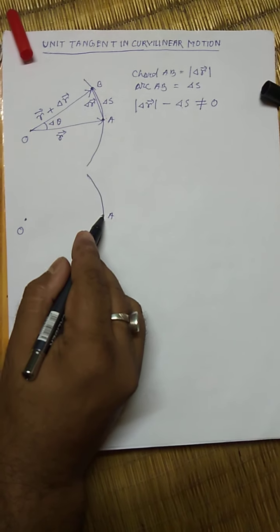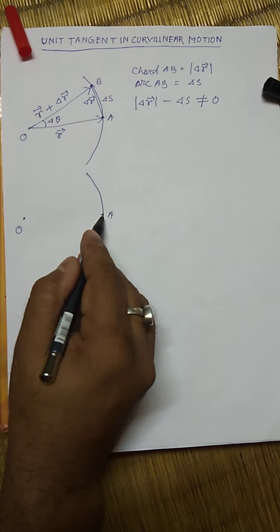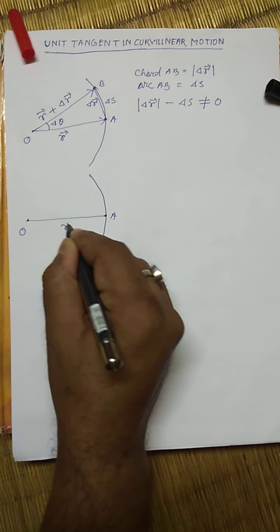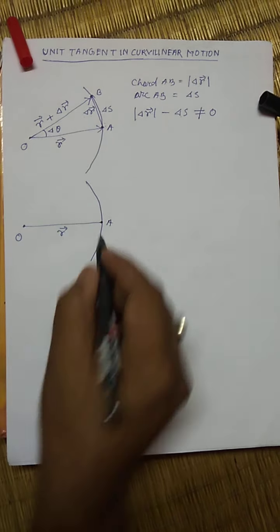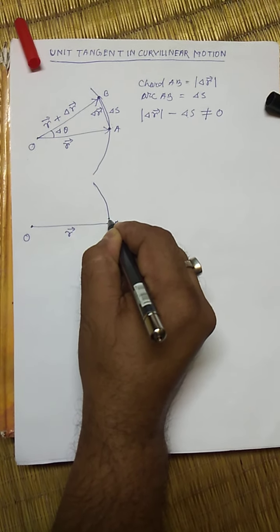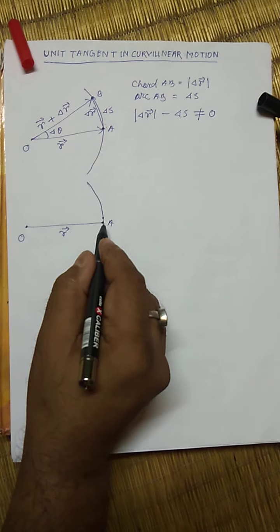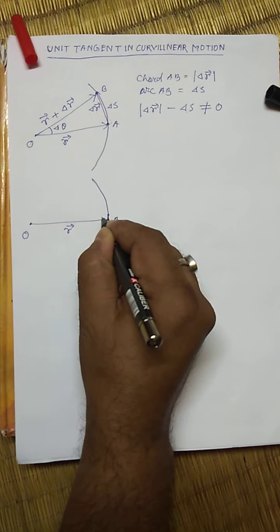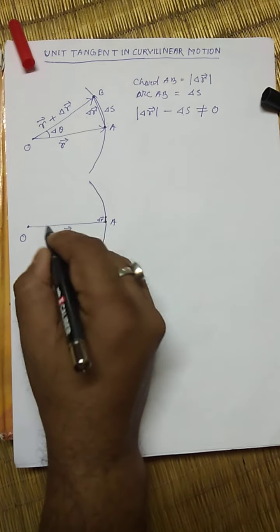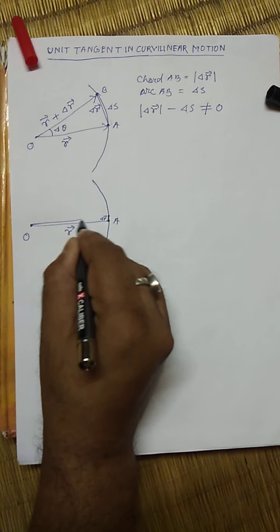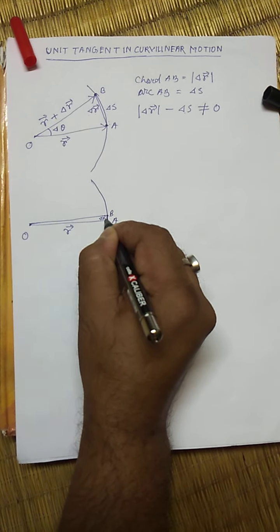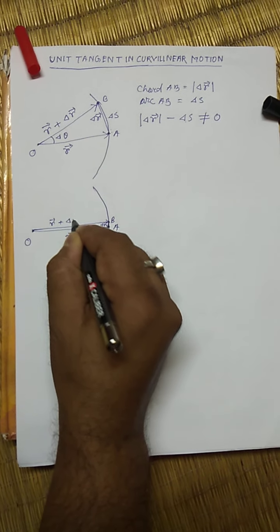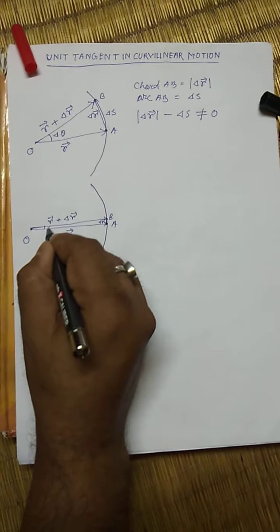A is the initial position of the particle, its vector is r, and B is very close to point A, and the displacement is as usual delta vector r, OB is vector r plus delta vector r, and this is the angle delta theta.